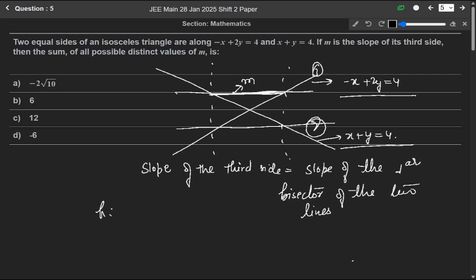So we can write (minus x plus 2y minus 4) over under root of 4 plus 1, that is root 5, equals plus minus (x plus y minus 4) over under root of 2.